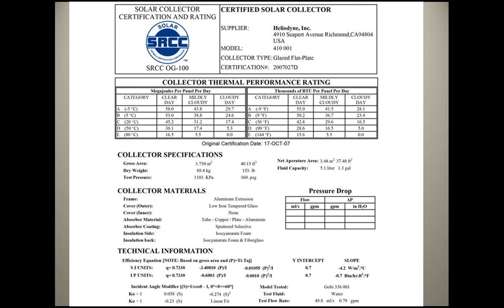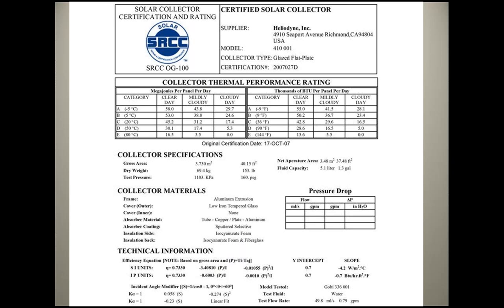For the feds, a simple certification sheet for the particular collector you're using is sufficient. In some places, I think in Oregon, for systems, you have to have a complete system certification to qualify for Energy Trust, I guess, in Oregon. They're giving you more money, so you've got to go through more hoops.